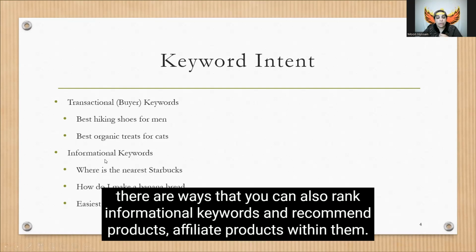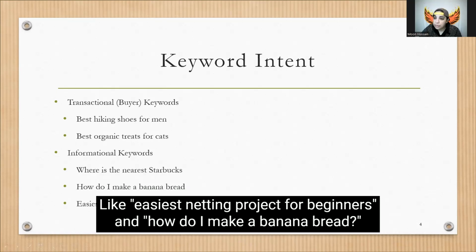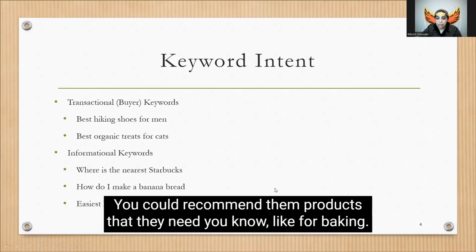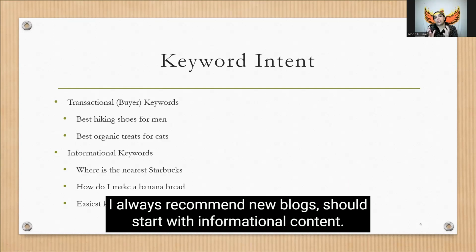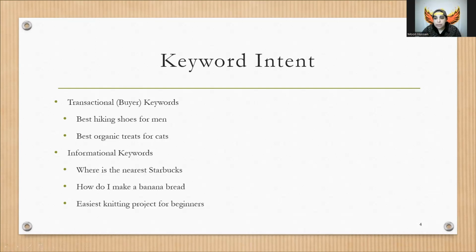There are ways that you can also rank informational keywords and recommend affiliate products within them, like easiest knitting project for beginners. And how do I make a banana bread? You could recommend them products that they need, like for baking. I always recommend new blogs should start with informational content.